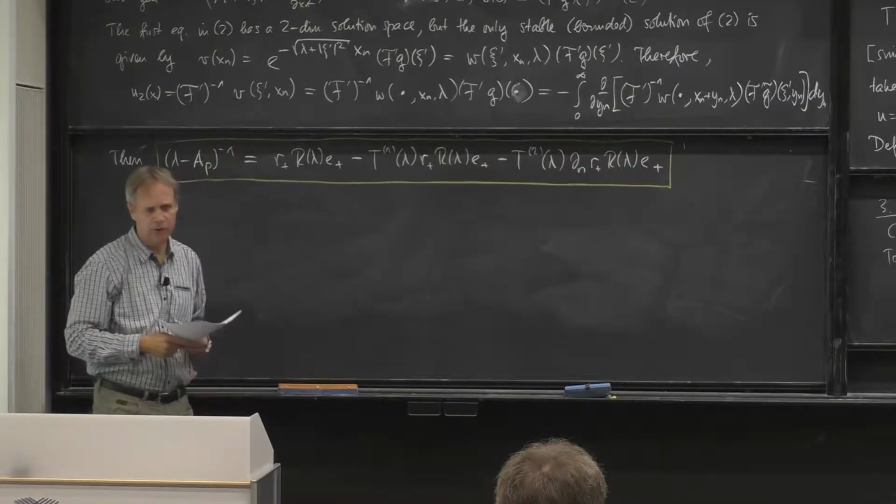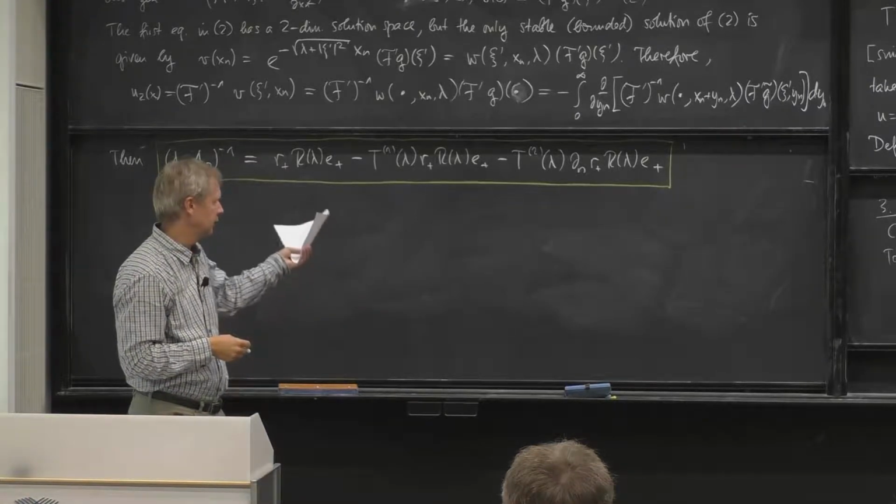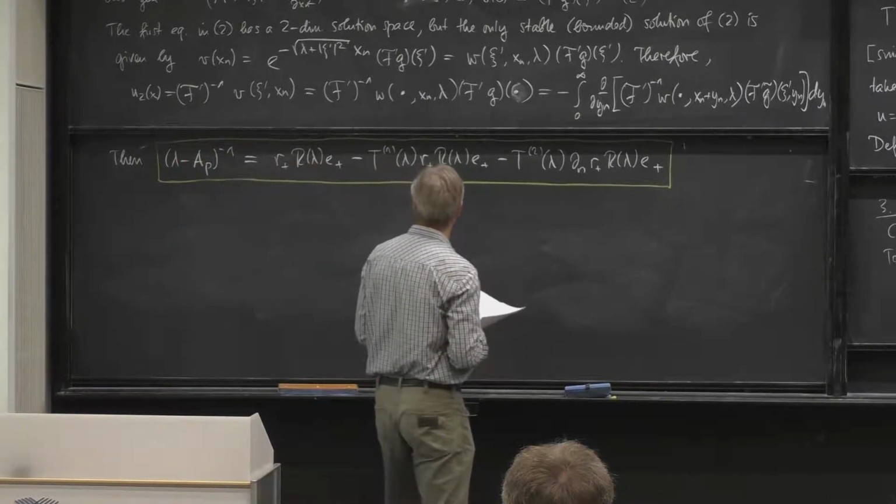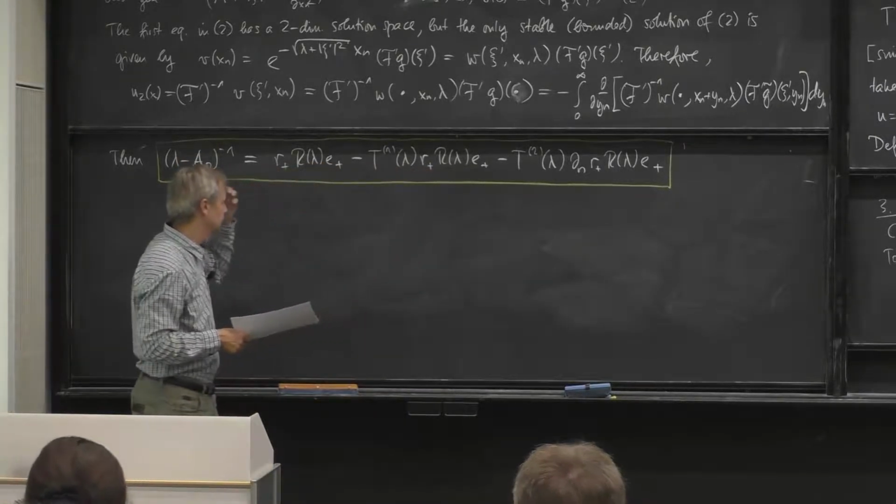And if you never heard about the Boutet de Monvel calculus, today this is the first step of the Boutet de Monvel calculus, solving boundary value problems. Okay, so now let's check these operators.